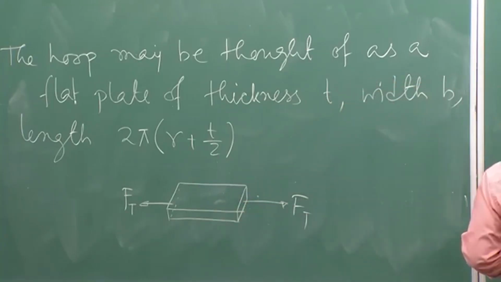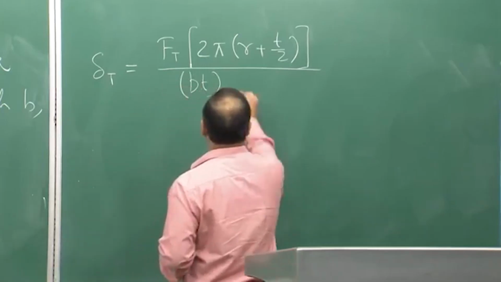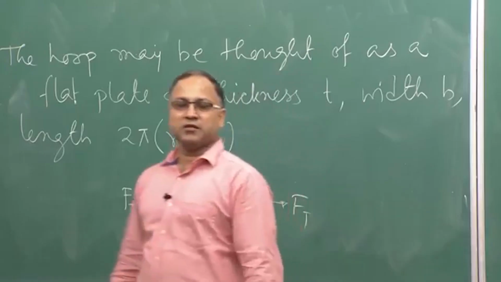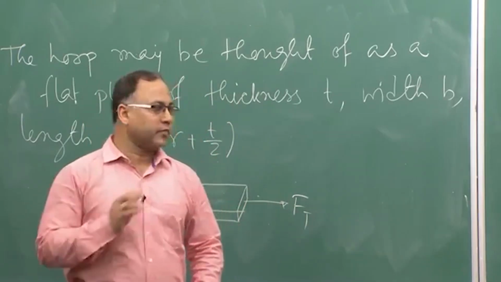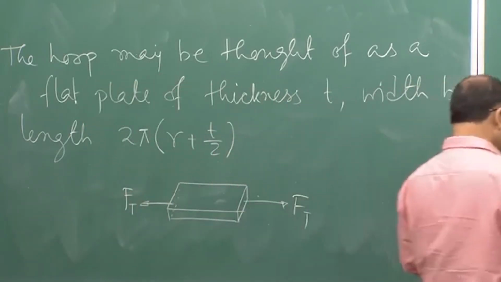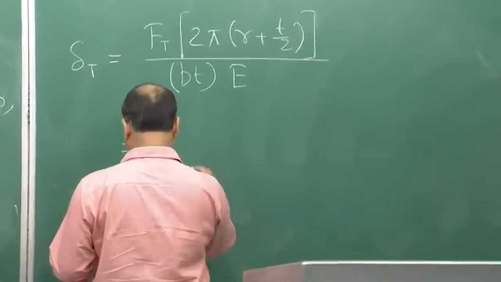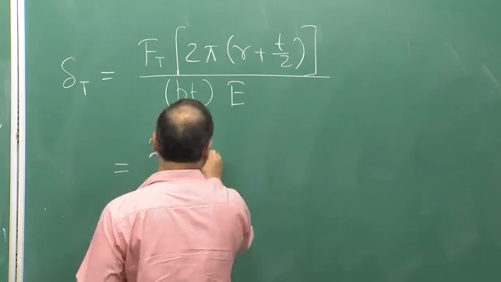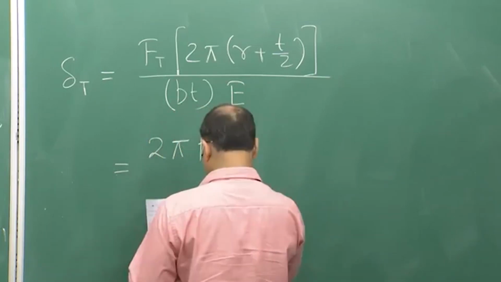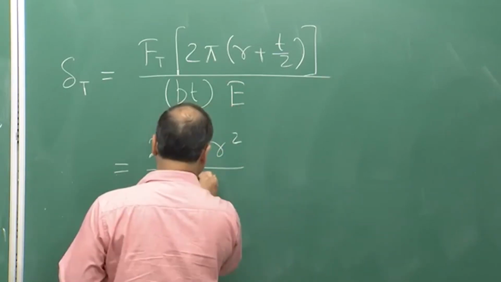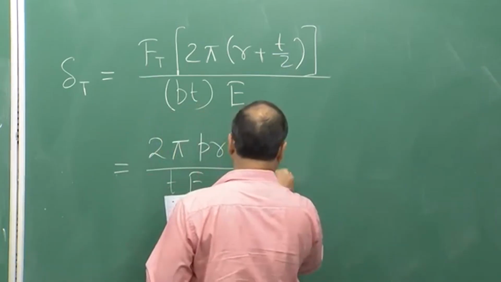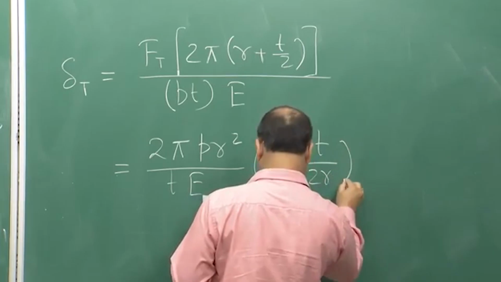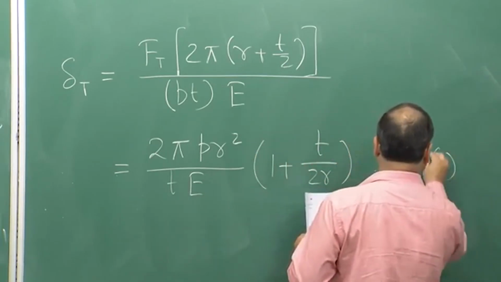So, B into t is your cross section, and of course, the material property, that is the modulus of elasticity E of the hoop. So, that can be written as 2 pi p r square by t into E into 1 plus t by twice r. So, equation F.